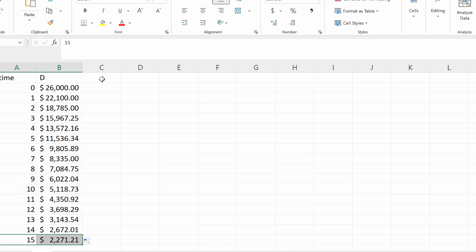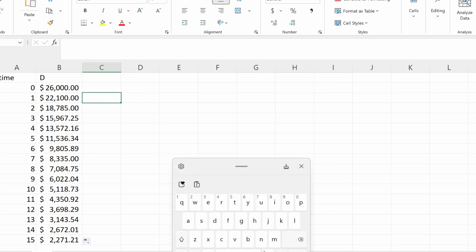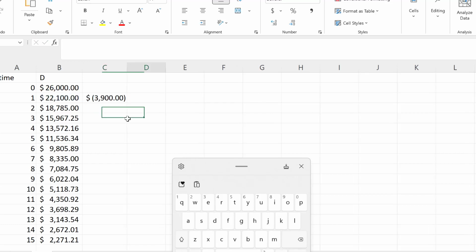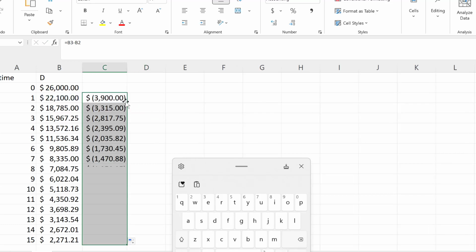I want you to see that the difference between these two numbers is not constant. Let me put that right here. So if I compute the difference between those two numbers, I take the difference between this and then subtract that, okay, and then I double tap.